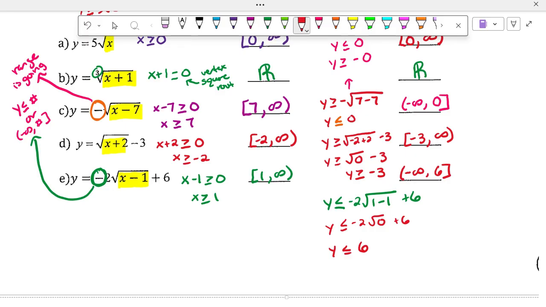So we're trying to find an input that won't screw up our output. That's why we only focus on what's under the radical, because the radical, our bracket, is what can screw us over. Let's say I had just x plus 2 squared minus 3. Then it doesn't matter, because the domain here is always all real numbers. A square won't screw us, but a square root will, because there are more stipulations with the square root. Does that make more sense?